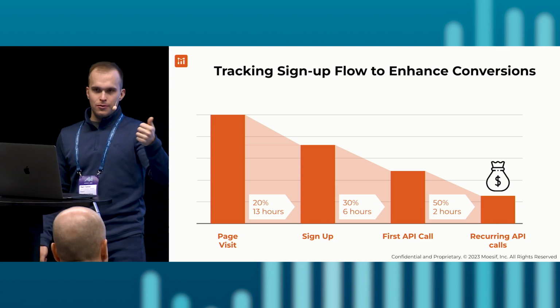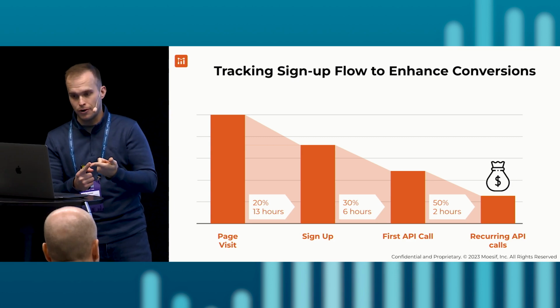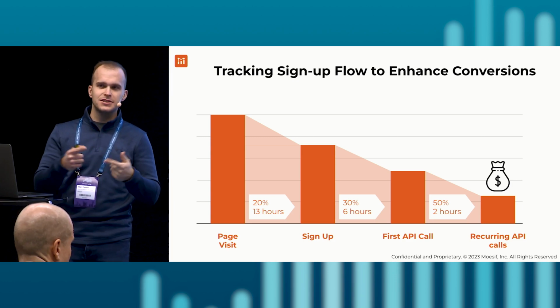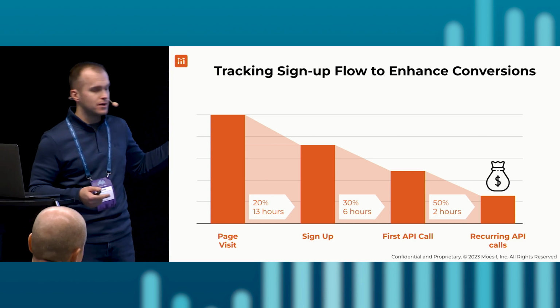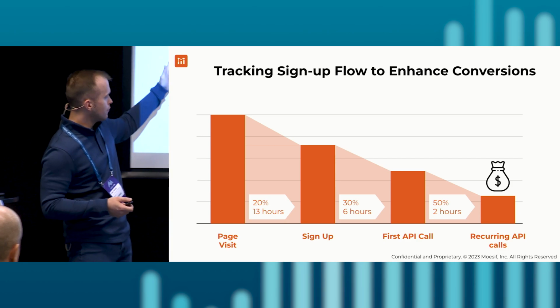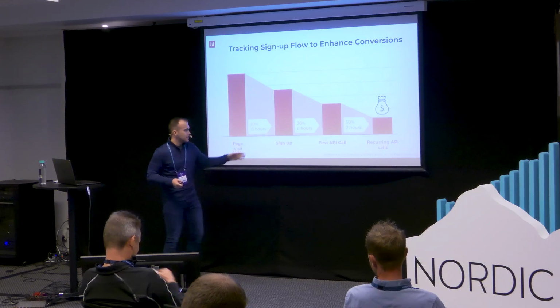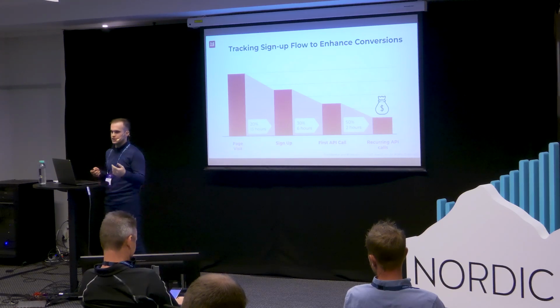You want to look at how many people come to the site, and then sign up for it. But that's not enough either. You also need to know how long it is taking them to sign up. And you can see from this chart here, to go from their first page visit to signing up, it's taking 13 hours, and only 20% of folks are converting.